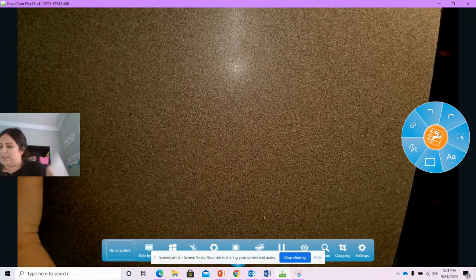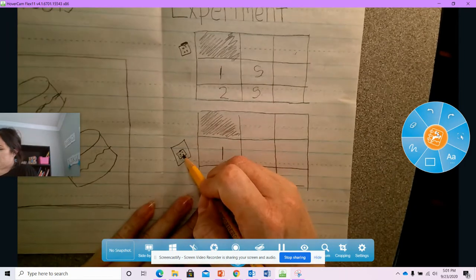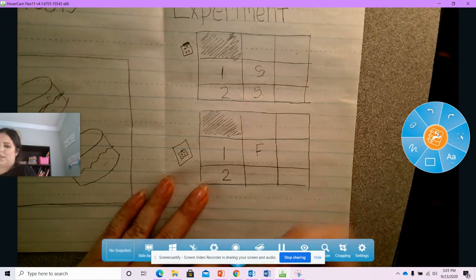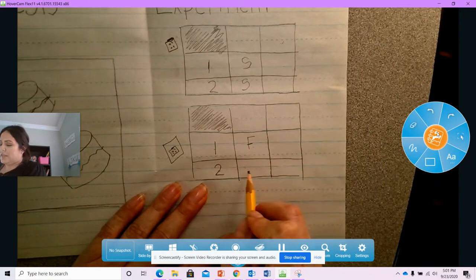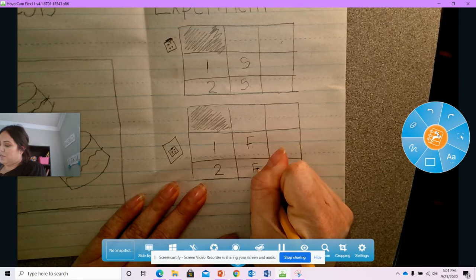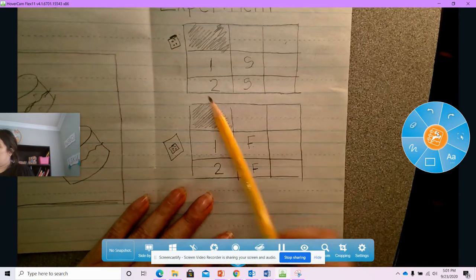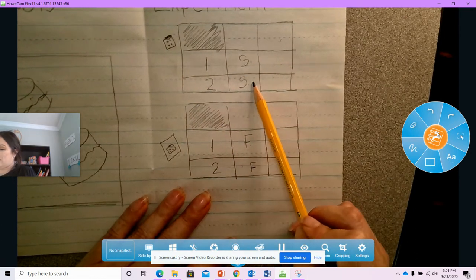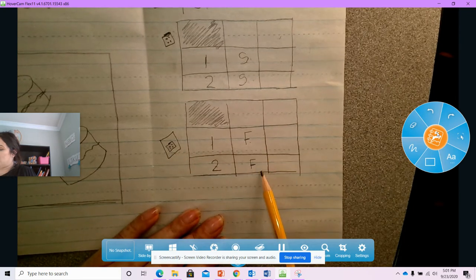Okay, so my second round with the dice in the cup, it floated for me. So I'm going to put an F. The first time I did it, it floated. The second time I did it, it also was floating. So now I know that when the dice was all by itself, it sank both times. And when the dice was in the cup, it floated both times.